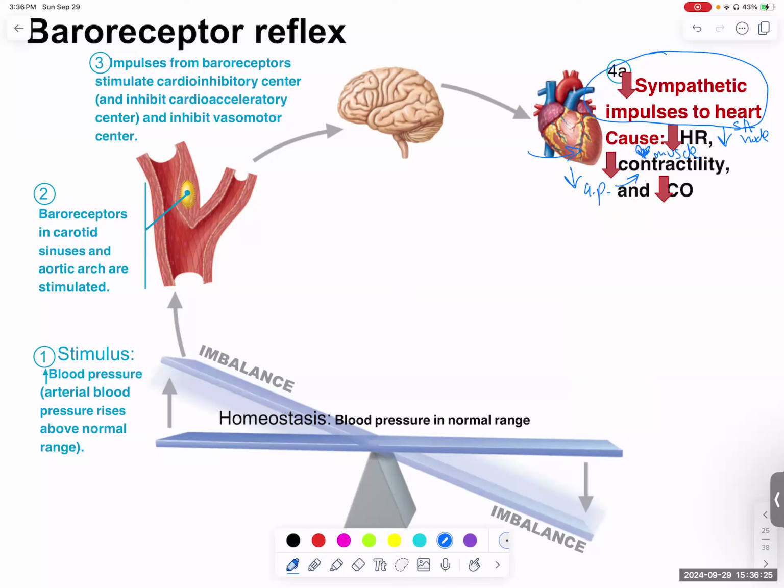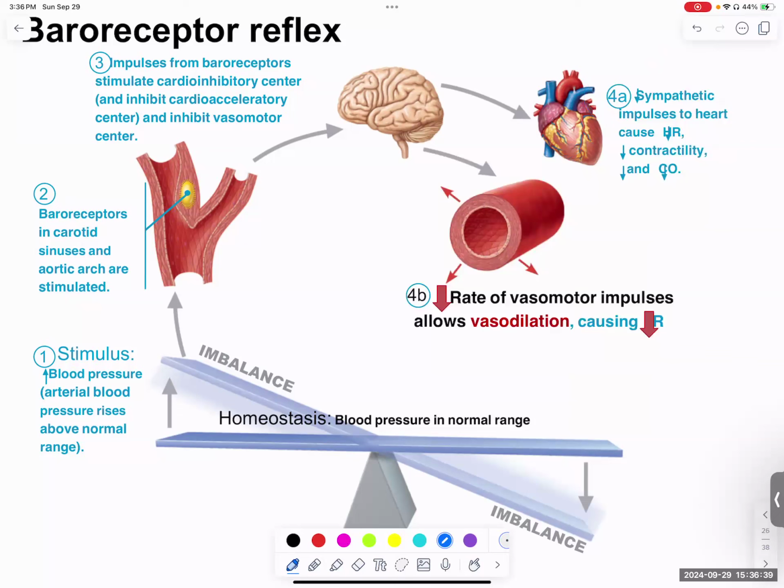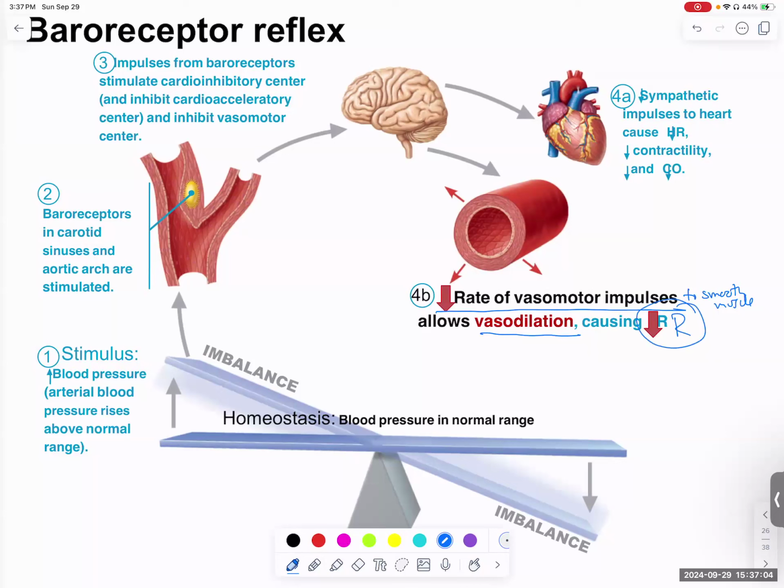And that's going to decrease the contractility. It's decreasing stroke volume and decreasing heart rate. Therefore, it is decreasing cardiac output. In addition, it's decreasing the rate of impulses going to the smooth muscle of the arterial wall. And so it's vasodilating. It's decreasing the impulses. It's relaxing. Therefore, it's vasodilating. It's going to cause a decrease in resistance.